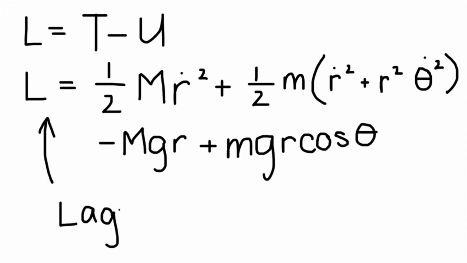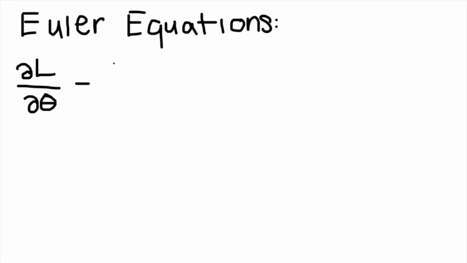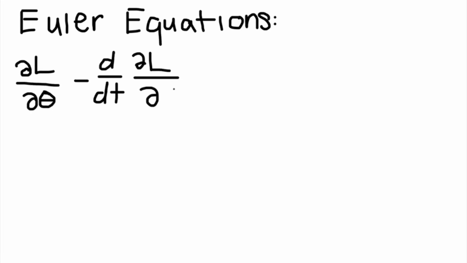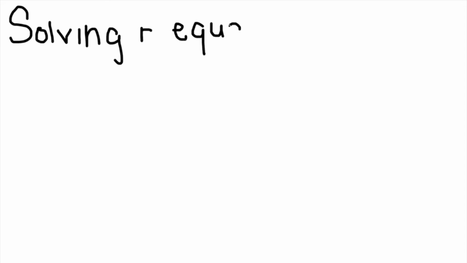With the Lagrangian written out in terms of kinetic and potential energies, Euler-Lagrange equations can be solved in order to find the equations of motion for each of the generalized coordinates. The solution to the first Euler-Lagrange equation is as follows.